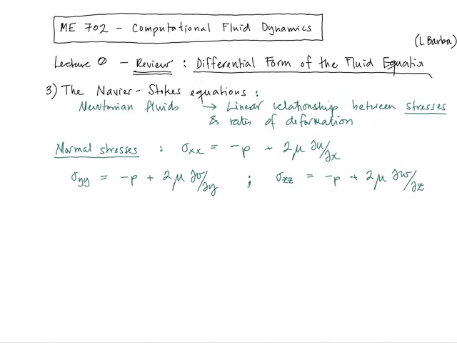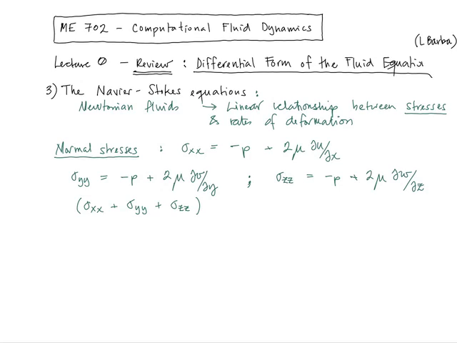So note now that if we add the 3 components of the normal stresses, sigma xx plus sigma yy plus sigma zz, we are going to get minus the pressure 3 times, and we're also going to get 2 mu times du dx plus dv dy plus dw dz from the terms that I've just written up here for the stresses.